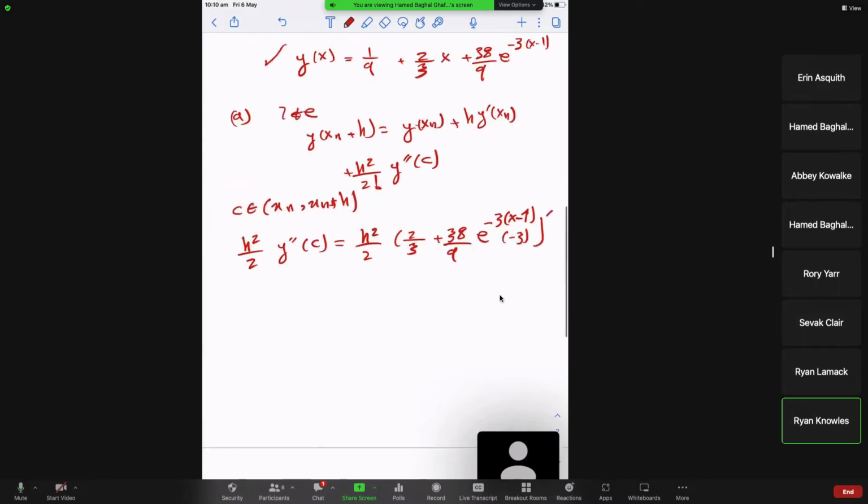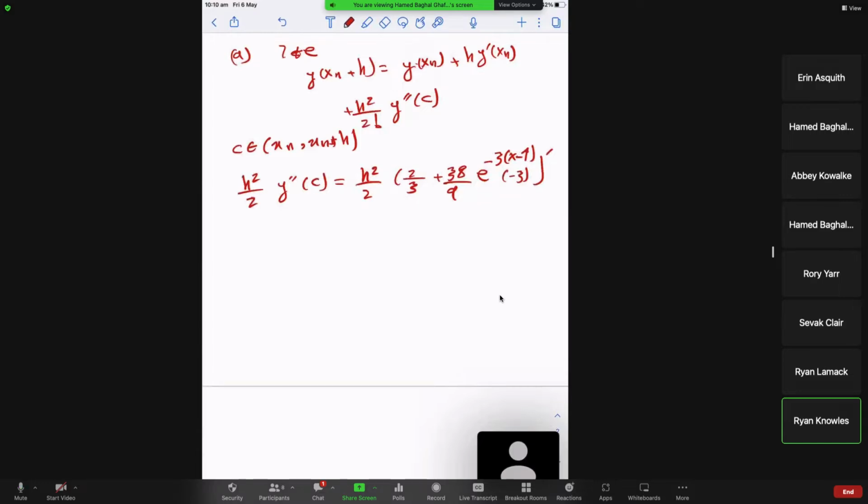And I write this x as c, and h over 2. The derivative again will be 38/9 times the exponential of c minus 1, and we have another minus 3, so it will be 9.